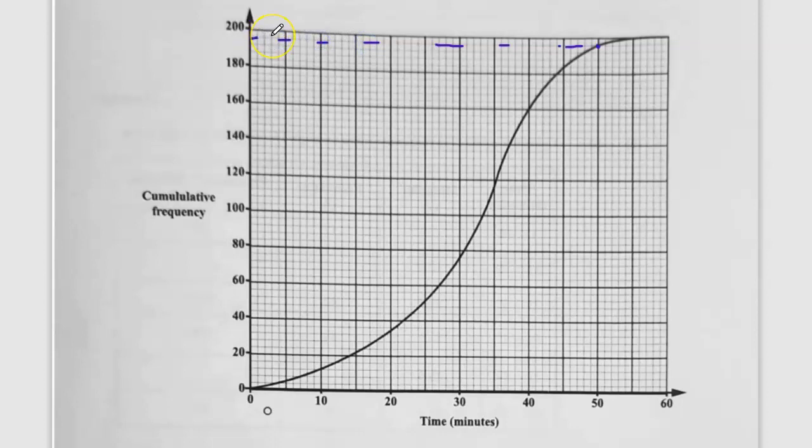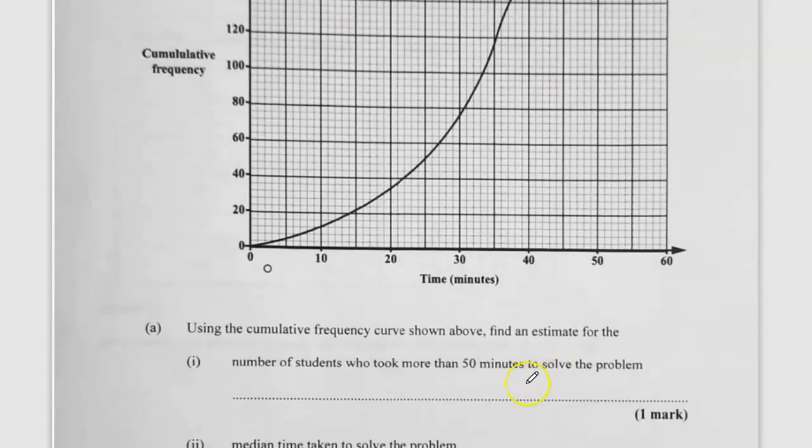Based on the scale we are using here, it's 184, 188, 192, 196. Each thin line is worth 4, so this seems to be 196. Between 196 and 200, that's 4. So the number of students that took more than 50 minutes will be 4 students.